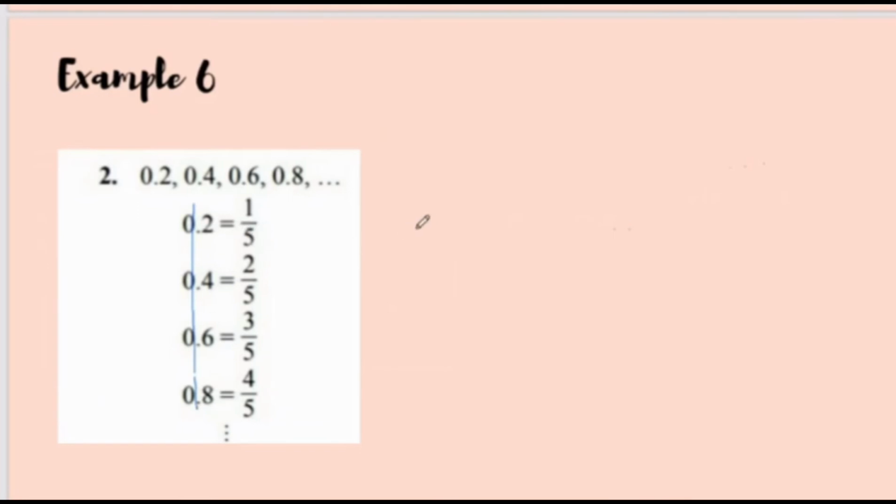Then write it down. And then as you can see the differences are 1, 2, 3, and 4. Write them down in the form of n. And lastly, don't forget to write down n's value.